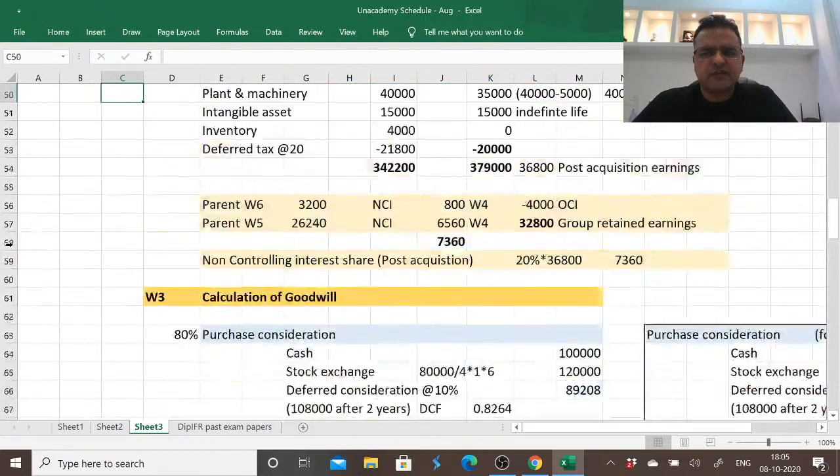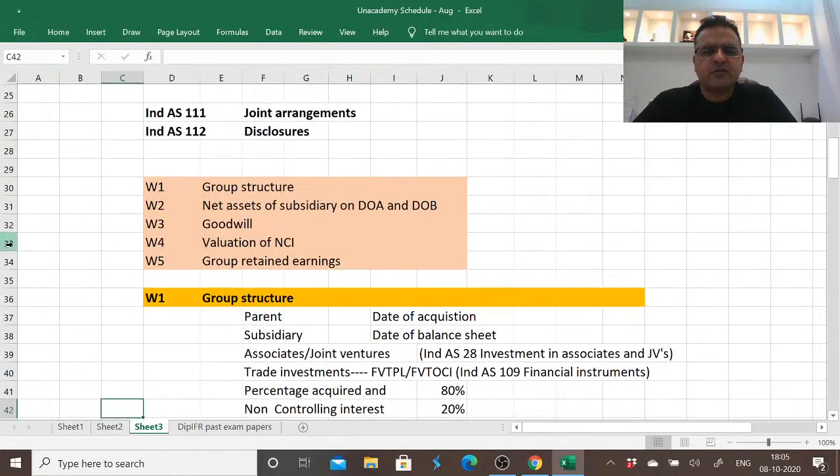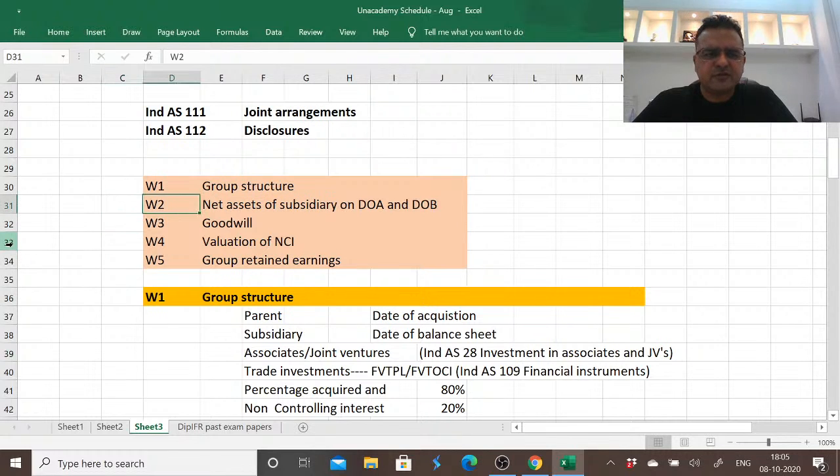If you remember these 5 workings, you can easily perform a consolidated statement of financial position question. So you simply need to remember group structure, the net assets of subsidiary on date of acquisition, goodwill, valuation of NCI on fair value basis or proportionate basis, which determines valuation of goodwill, and finally group retained earnings.